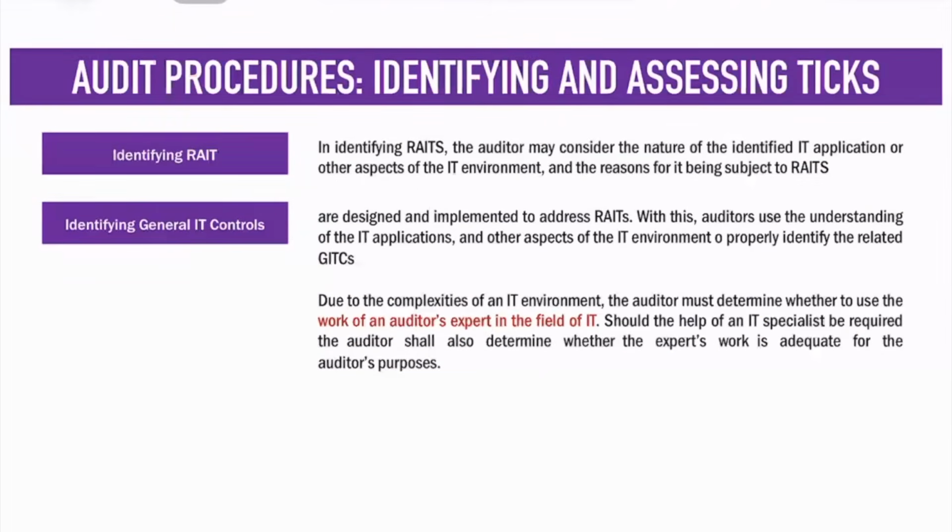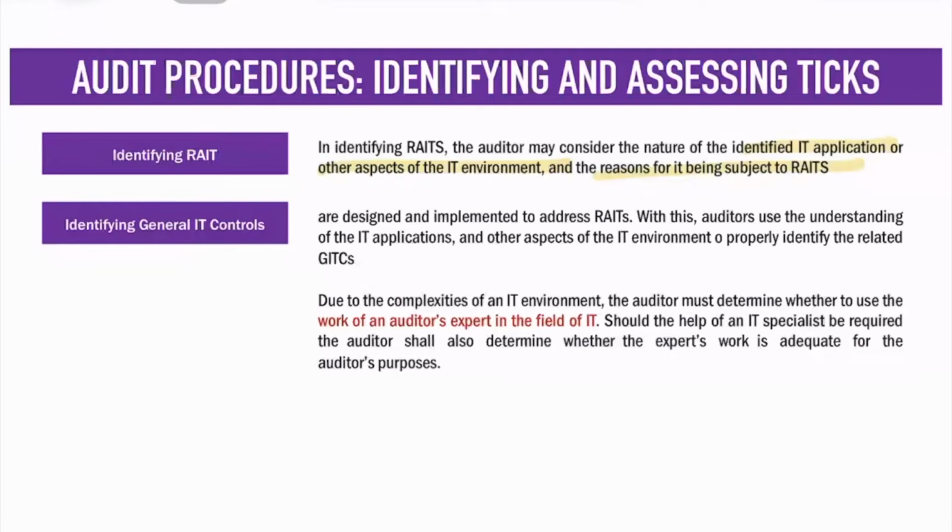Now, after we identify those controls, we also identify the risks arising on the use of IT. So the auditor may consider the nature identified based on the IT application or other aspects of the IT environment and reasons for it being subject to risks. And then after that, we now identify the general IT controls.